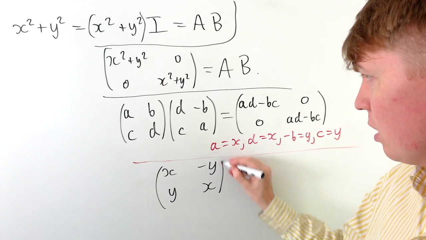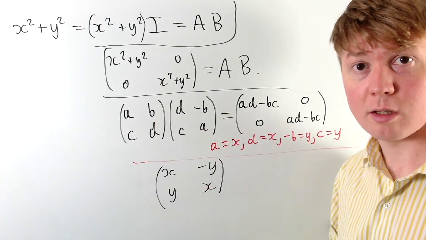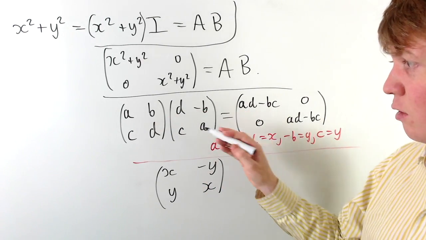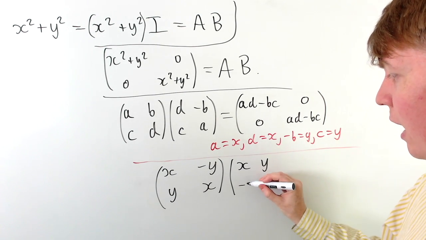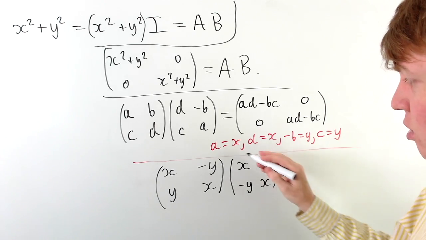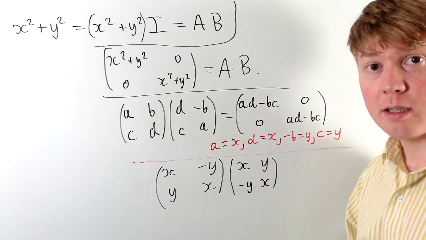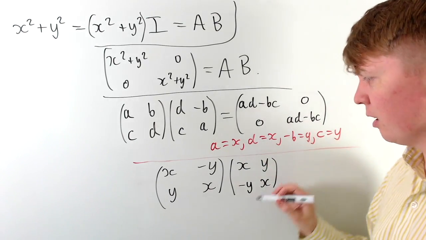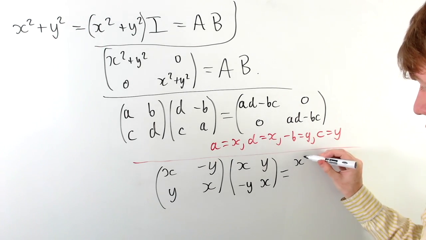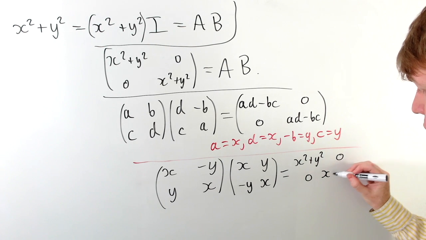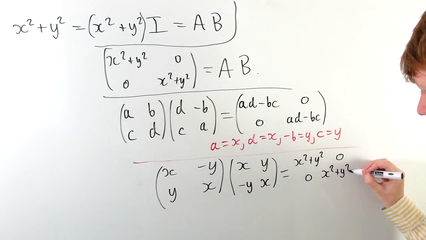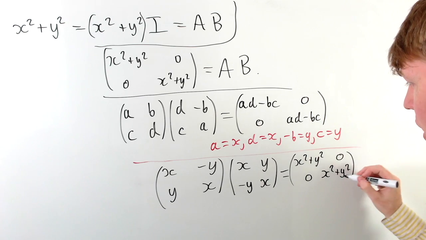So we take this as our ABCD matrix and multiply it now by our D, negative B, C, A matrix. We multiply this by x, y, negative y, x, just using our values for A, B, C and D that we've identified there. You know that we're going to get x squared plus y squared times the identity matrix: x squared plus y squared with the two zeros, and an x squared plus y squared down there.